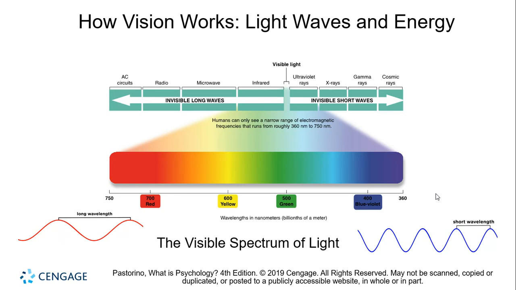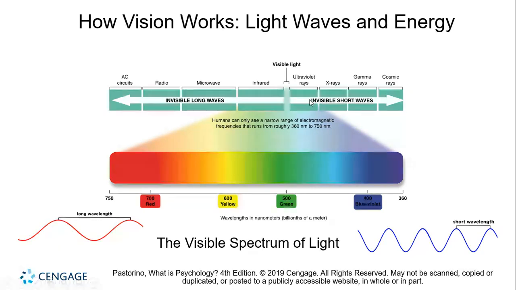If you look at that top line with the big arrow, you'll notice that the wavelengths of light include things like AC circuits, radios, microwaves, infrared. We humans do not have the ability to see any of those.